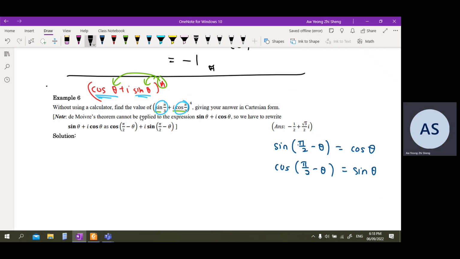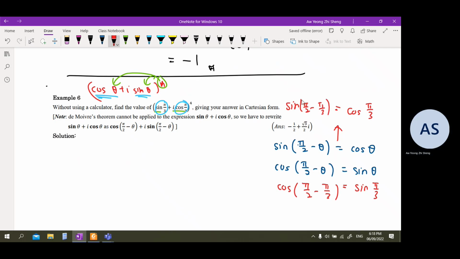If you take theta to be pi/3, then sin pi/3 will be the same as cos of (pi/2 minus pi/3). And from the first formula here, if you take theta to be pi/3, then cos pi/3 is the same as sin of (pi/2 minus pi/3).